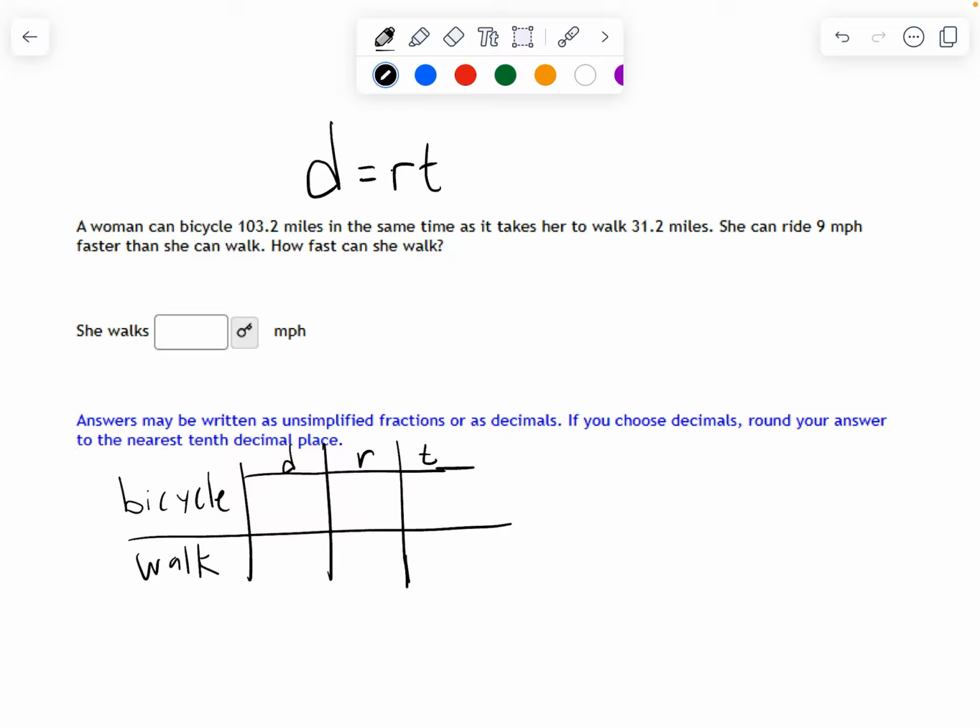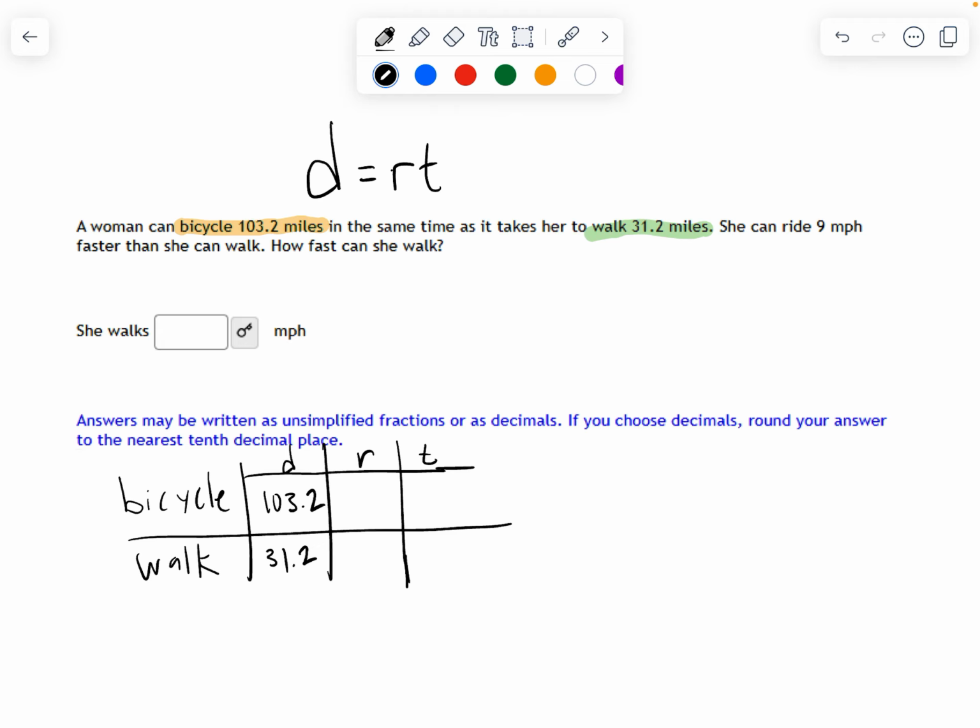I'm just going to fill in my table for what I do know. The distance for bicycle is 103.2 miles. We also have her walking a distance of 31.2 miles.